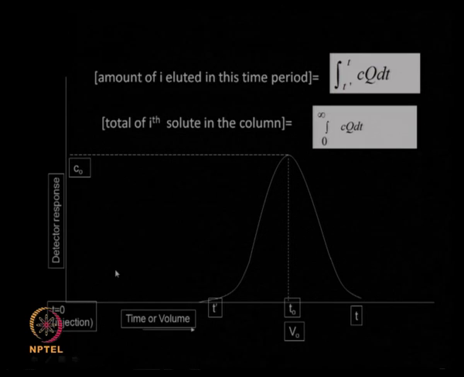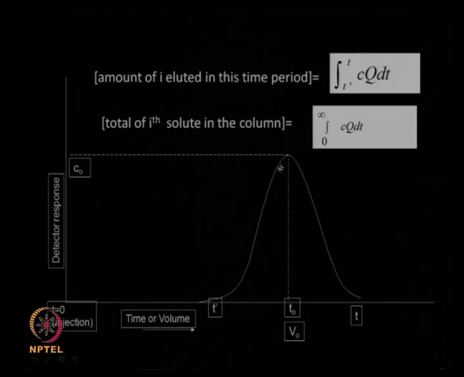Now let us go back again to the chromatogram. You are injecting your sample here, and at time equal to t naught it is showing a maximum peak and it is falling down. This is a Gaussian distribution. Now we call the beginning of this rise t dash and the ending t.